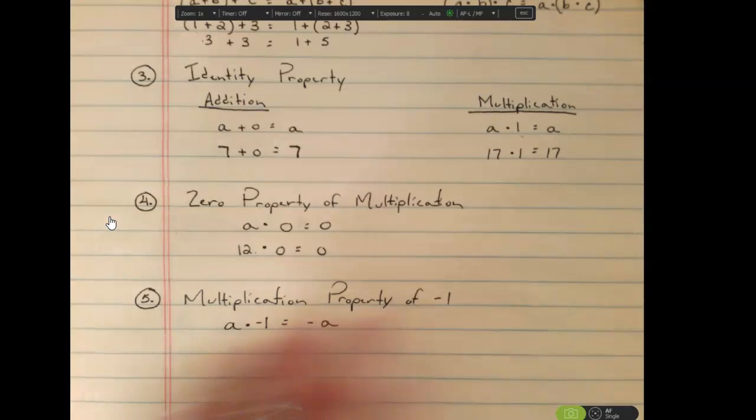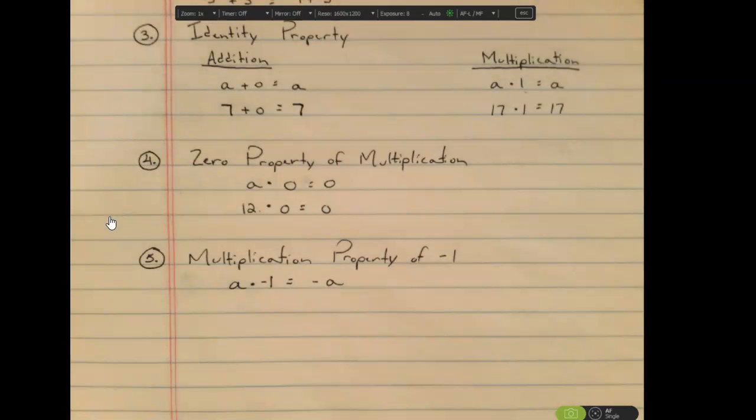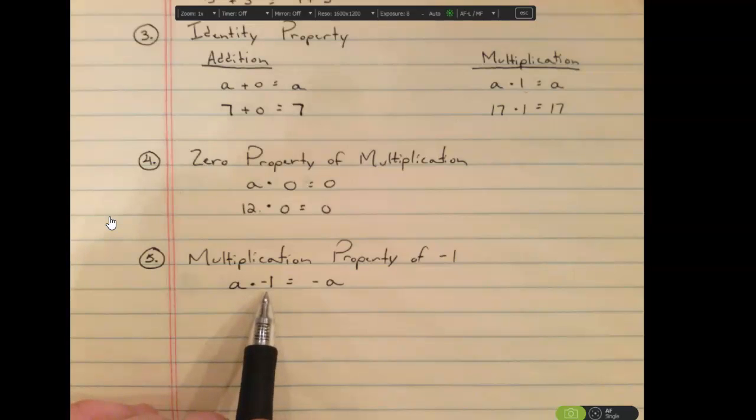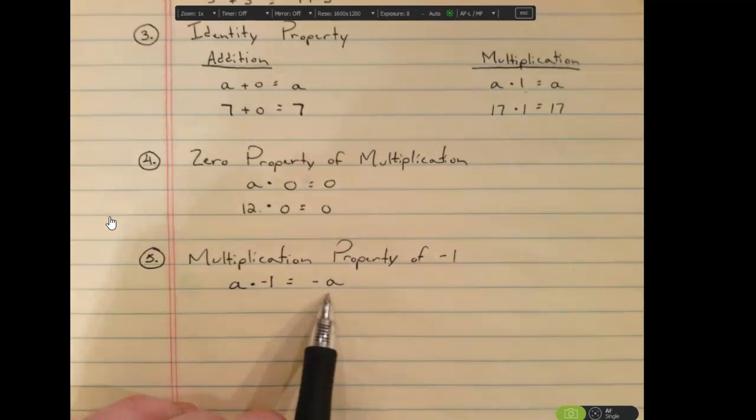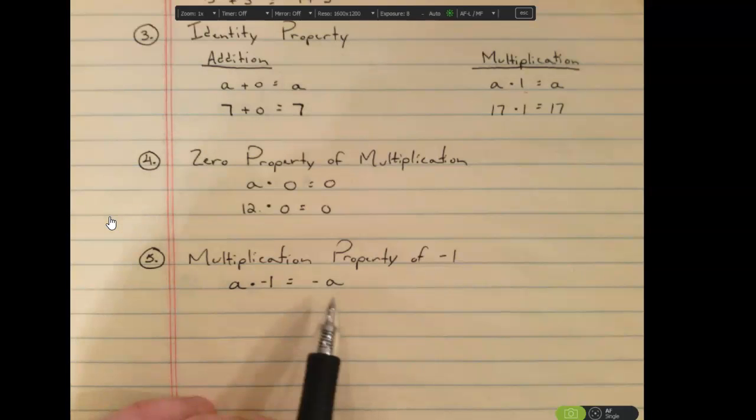Number 5. The last property that we're going to look at is the multiplication property of -1. Again, this is a property a lot of us should be familiar with as well. If I start with any number a and multiply it by -1, the only way my answer is different from a is that it's now negative.